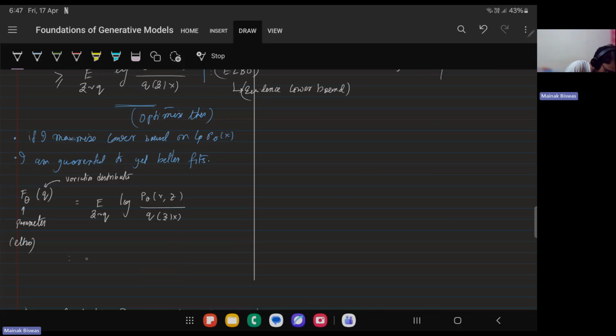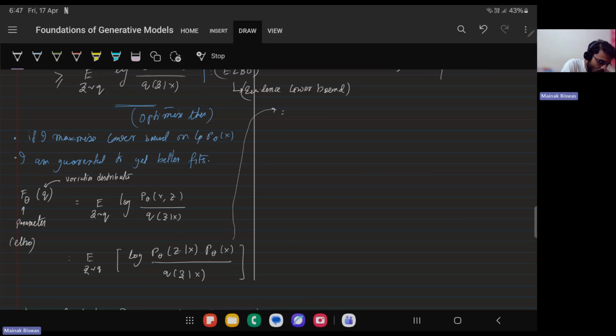What I can do is write this as log of p theta of z given x into p theta of x. If you're already following, you will see what is coming.